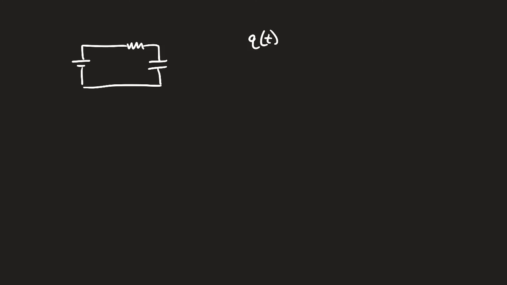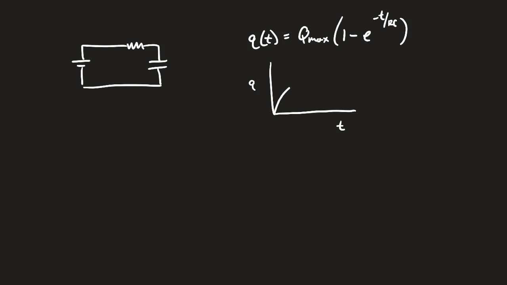Their charge has what's called a rise time, the time it takes for the capacitor to become charged. The reason is simple. If you look at the graph for charge over time, you get the asymptotic function of the exponential, with this being Q max.